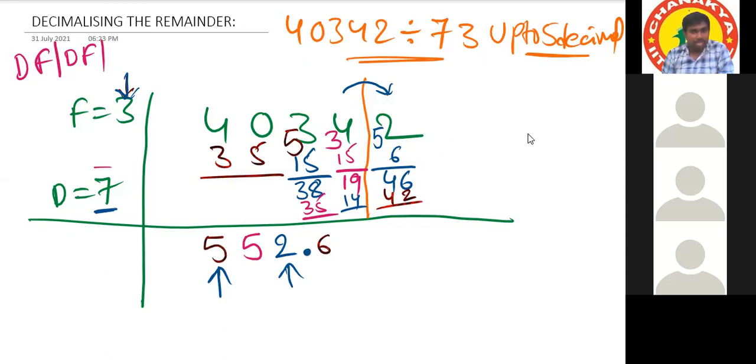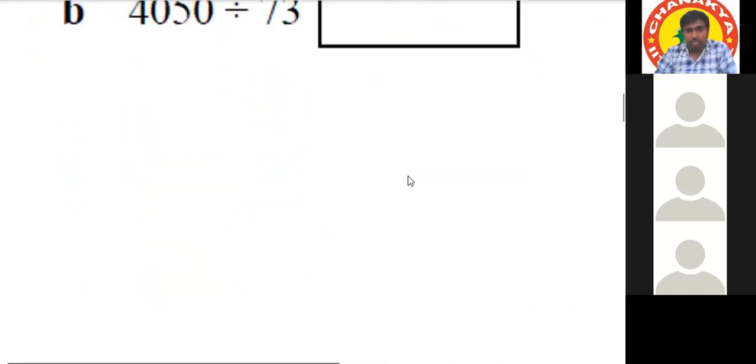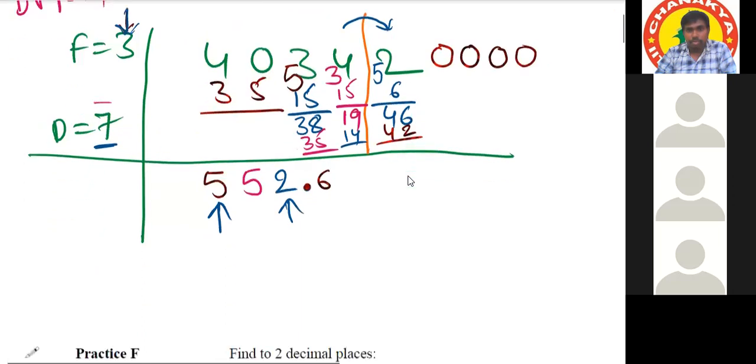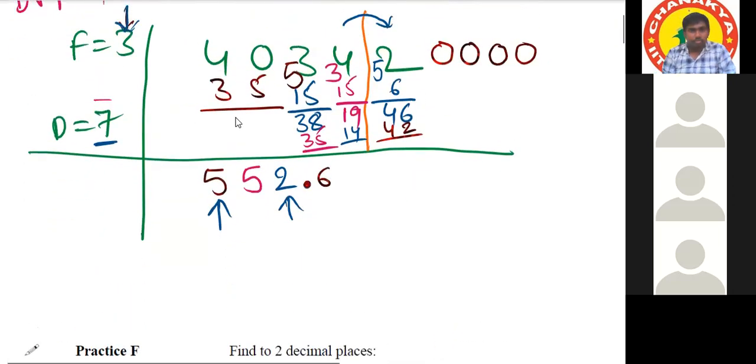But where to write that 4? After the number, there are no decimal digits, which means after taking one decimal point here, we can take any number of zeros as required, because it will not affect the problem. Let me explain one small thing. What is this number? 52. Now what is this number? 052.